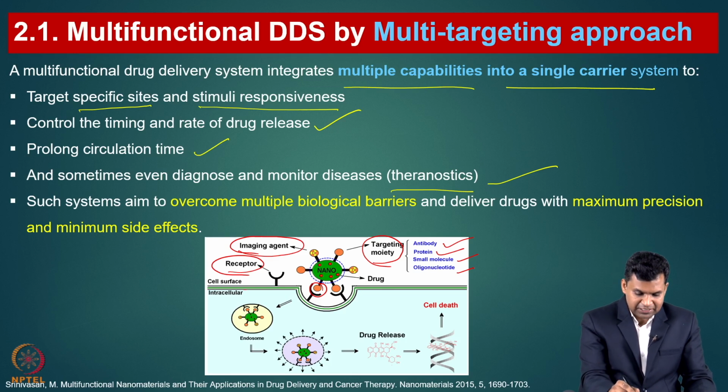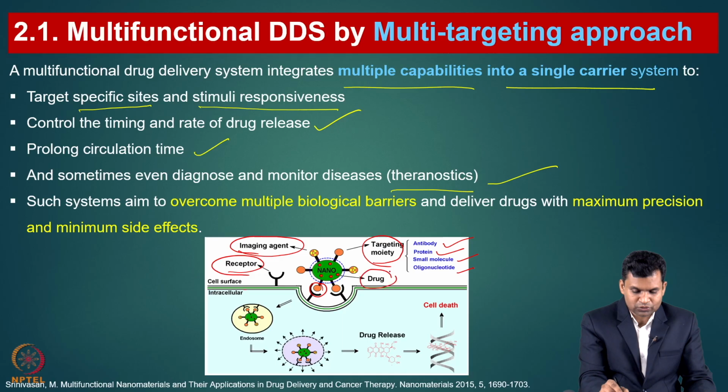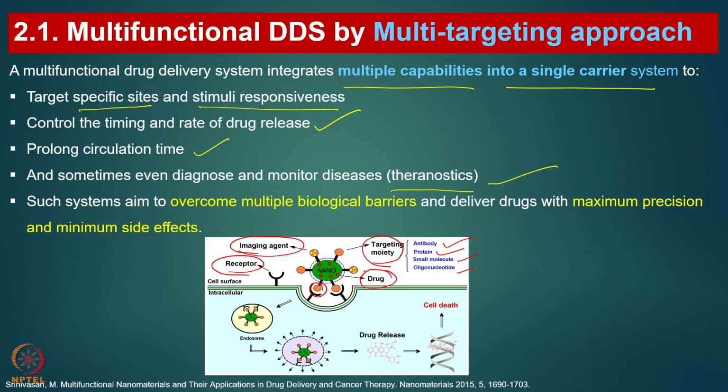Now, this again is a nano carrier. It also works by various targeting systems. Here you can also load the drugs. So, here we have three approaches. One is imaging, and then targeting, and the third one is drug therapy.